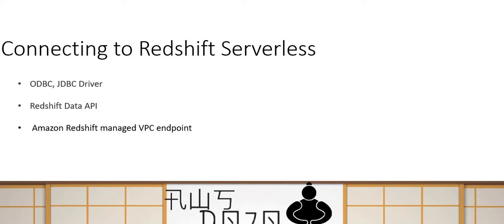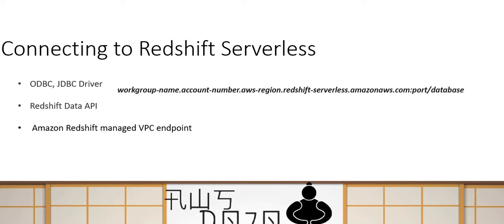So your connection to Redshift Serverless does not change at all. I have shown you an example of an endpoint earlier as well. The same way you can use an endpoint here as well. The only difference is that in place of cluster name, now you have a workgroup name, and in the fully qualified name, you have redshift-serverless, not only redshift.